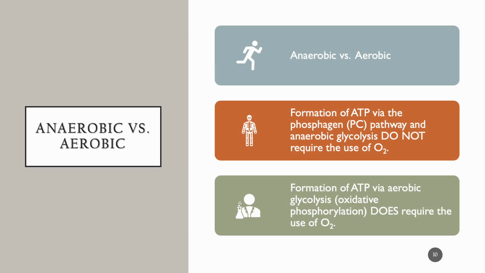So in summary, anaerobic versus aerobic. The formation of ATP via the PCR pathways and anaerobic glycolysis does not require the use of oxygen, yet the aerobic system does require the use of oxygen in order to form ATP.